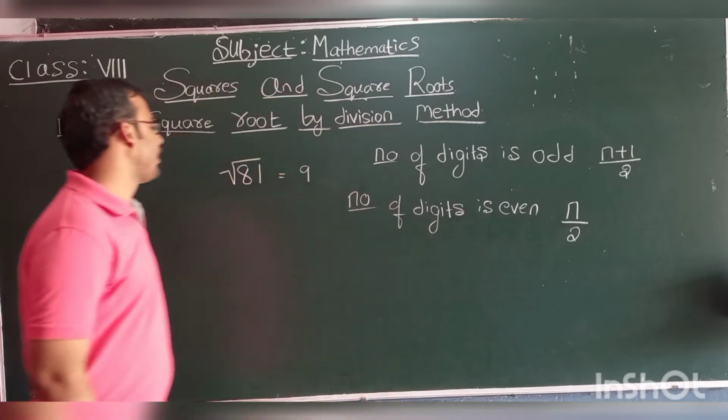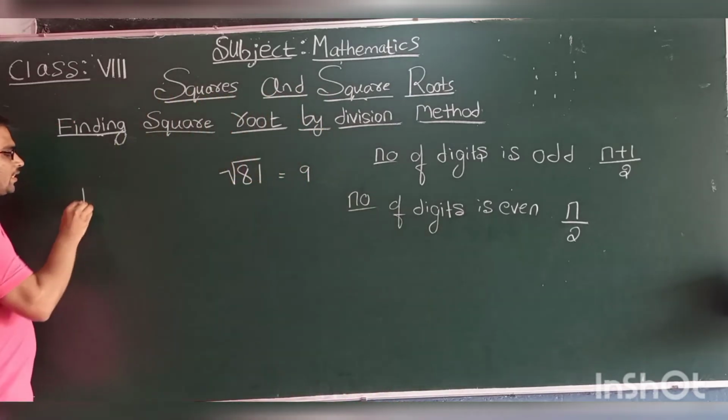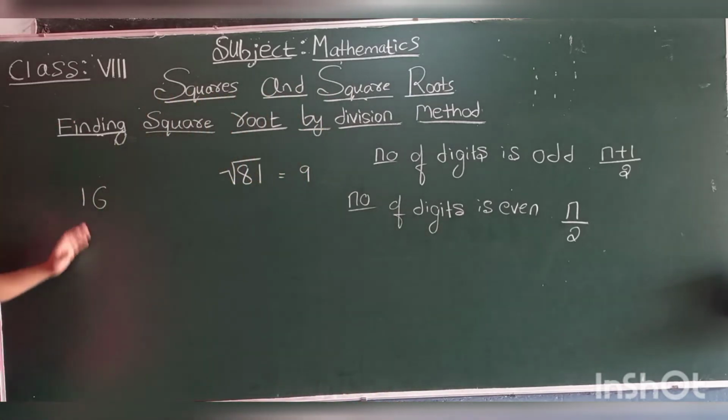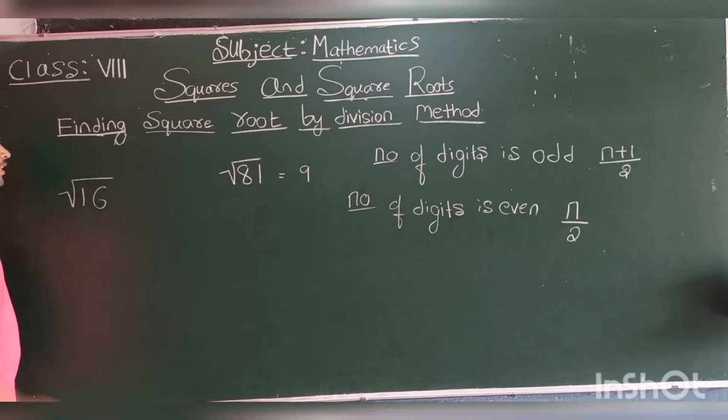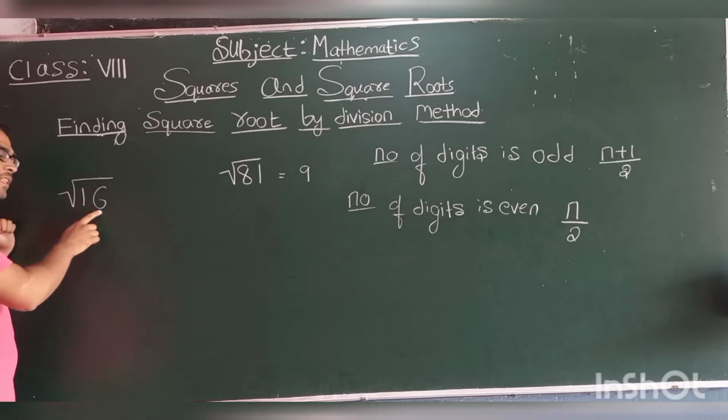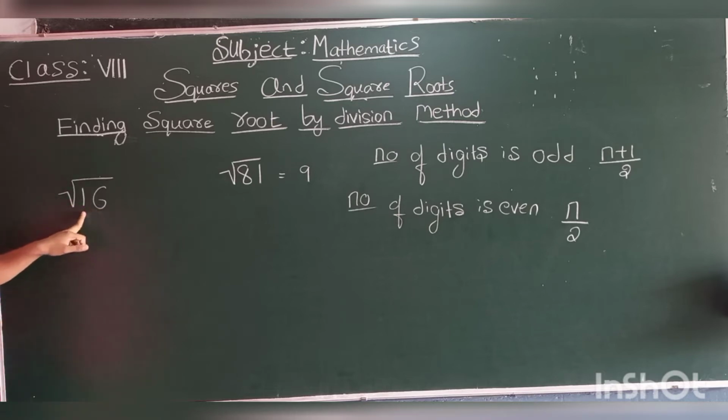For example, here 16 is there. When we try to find the square root of this number, before that, look at how many digits are in this number. 2 digits, 1 and 2. If I ask you the number of digits in the square root of this number, how do you find it?